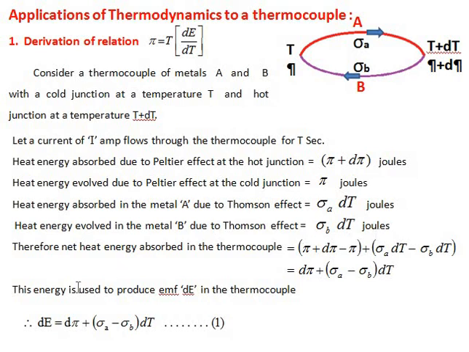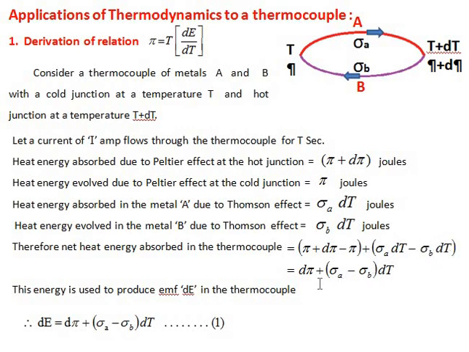Clear? So therefore the net heat energy absorbed in the thermocouple is equal to heat energy absorbed due to the Peltier effect minus heat energy evolved due to the Peltier effect, that is pi plus d pi minus pi, plus heat energy absorbed due to the Thomson effect minus heat energy evolved due to the Thomson effect.